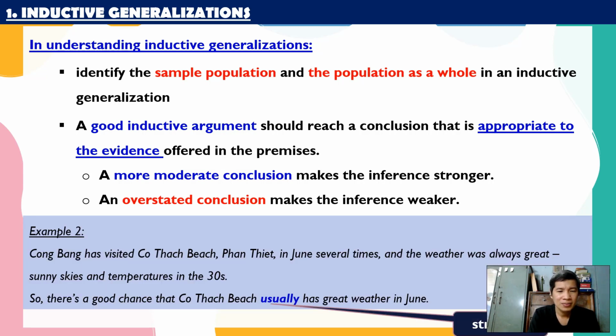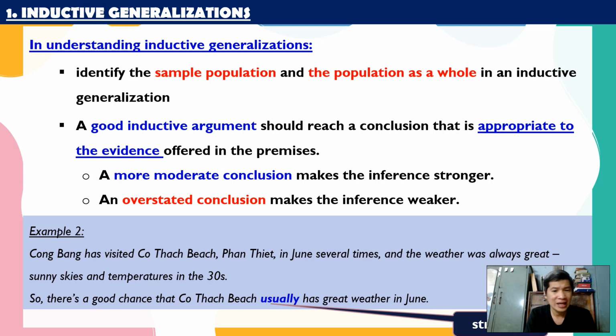Okay? We say Cong Bang has visited Co Thach Beach in Phan Thiet in June several times, and the weather has always been great, sunny skies, temperatures in the 30s. So there's a good chance that Co Thach Beach usually has great weather in June. See? Even this guy has visited this beach a few times, and all the time he went there, the weather was great, good weather.